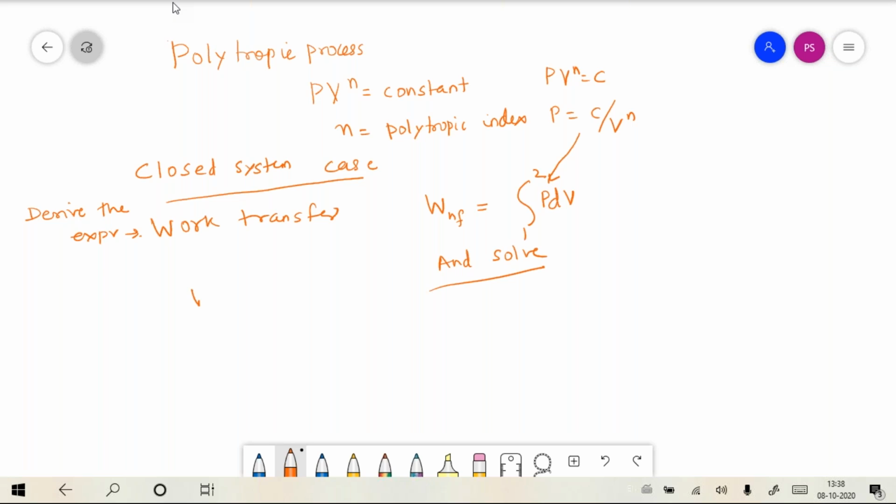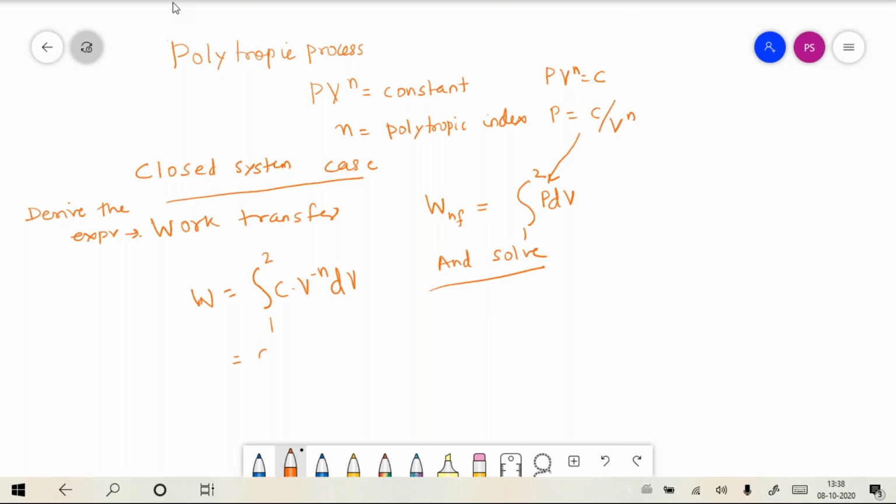So what we will be left with is like this. W is equal to integral of C into V raised to minus n dV from 1 to 2. C being constant, I can take it outside the integral.